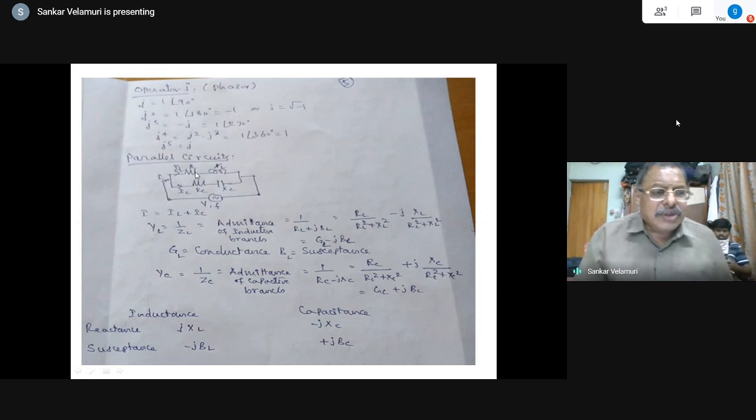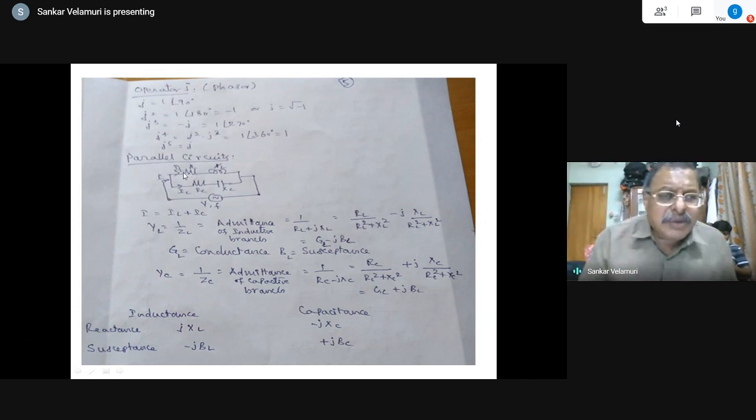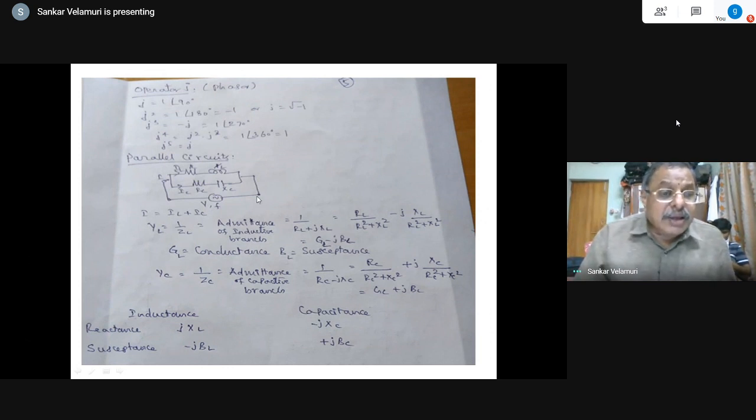We have not discussed those resistance and conductance circuits because you are familiar with them from the pre-undergraduate and intermediate level onwards. So we go in a slightly different way here, considering the admittance as the reciprocal of the impedance, taking 1 by R plus jXL.